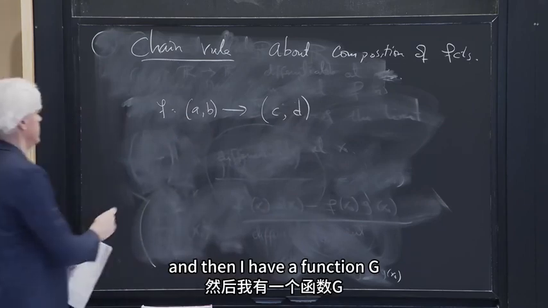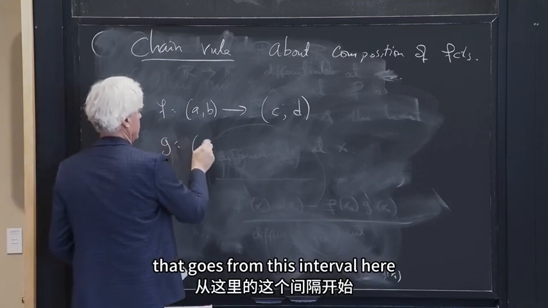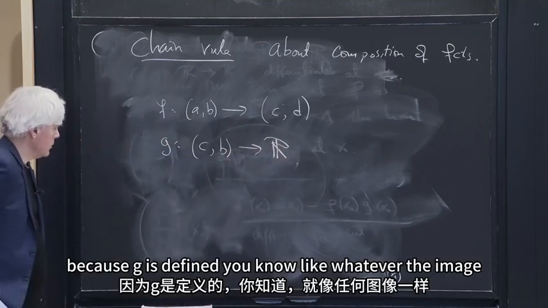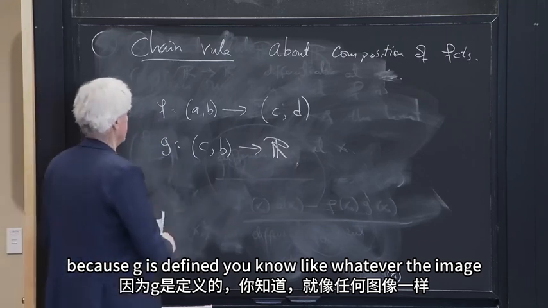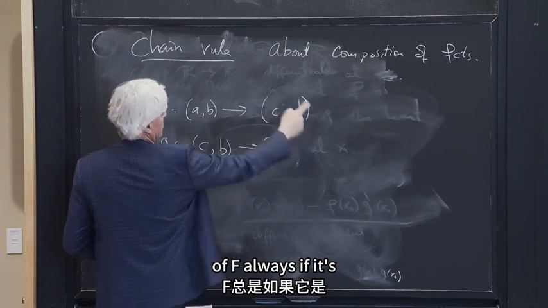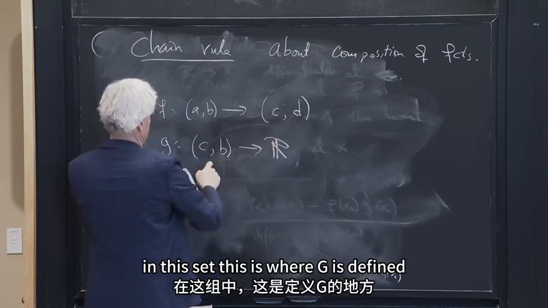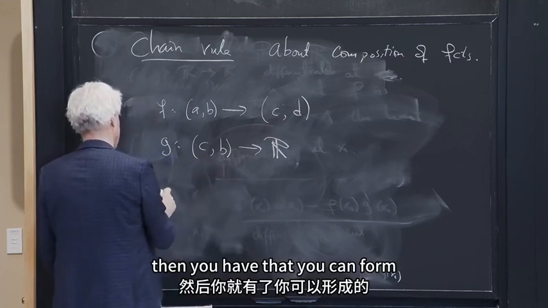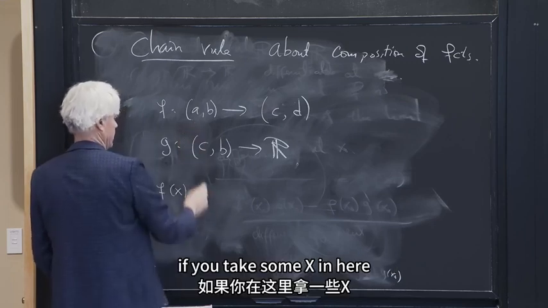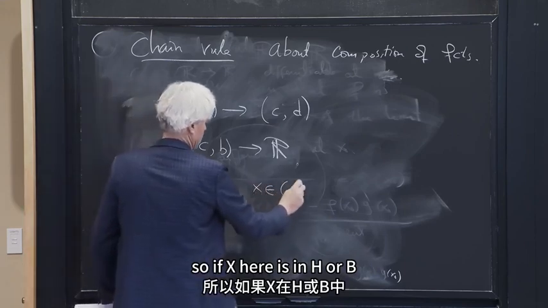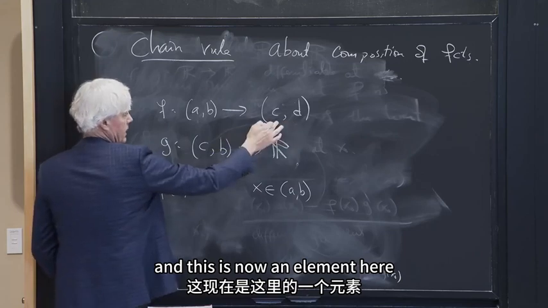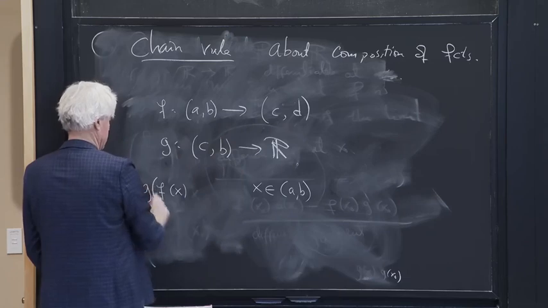And then I have a function g that goes from this interval here into R, because g is defined on whatever the image of f is. Then if you take some x in a to b, then f of x makes sense, and this is an element here where g is defined, so g of f of x makes sense.